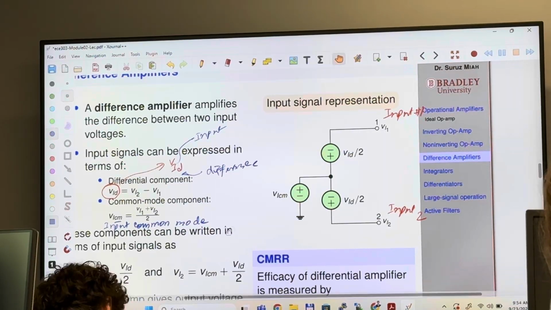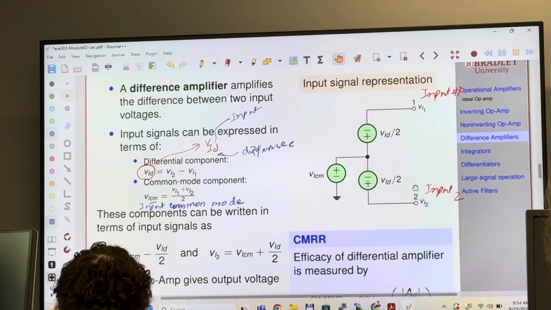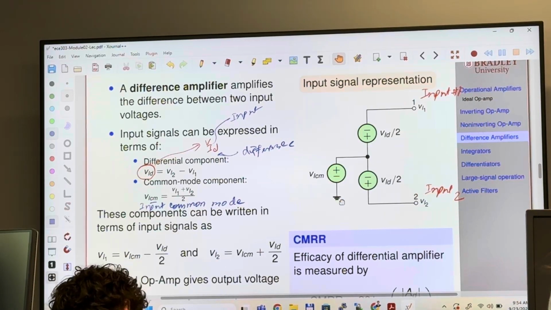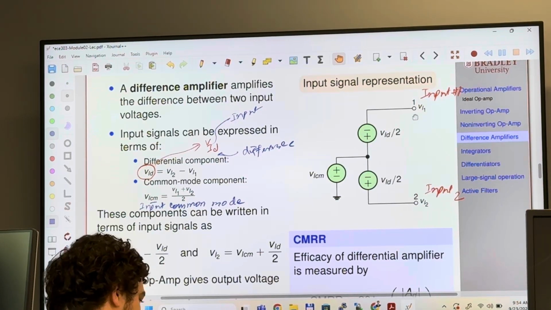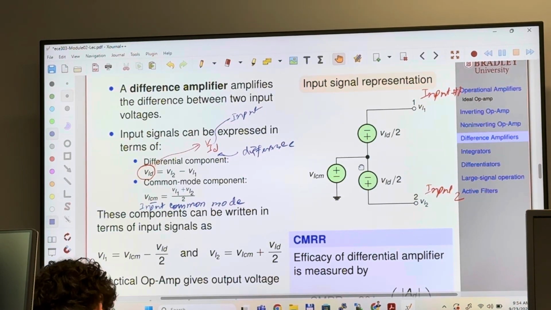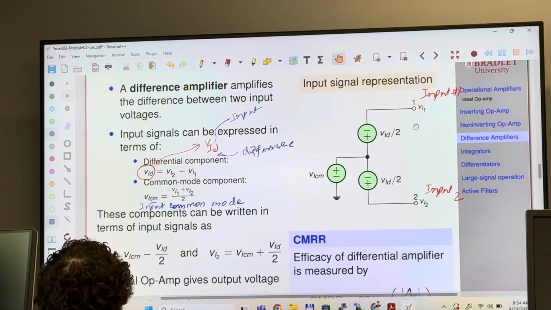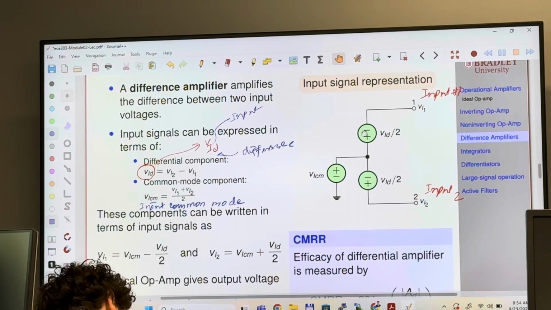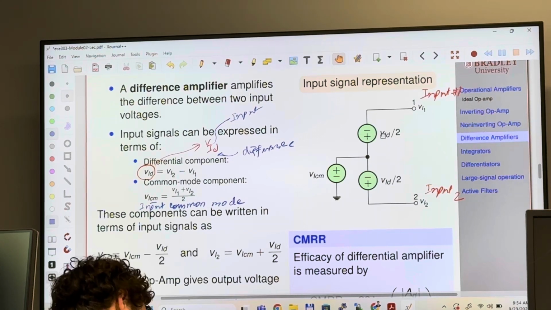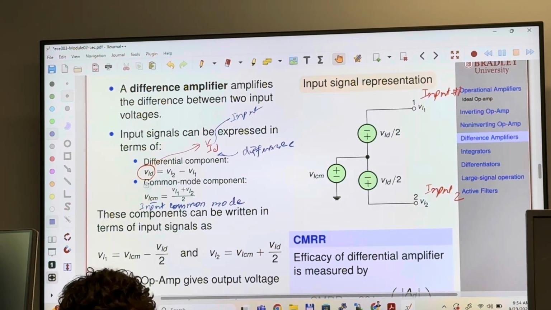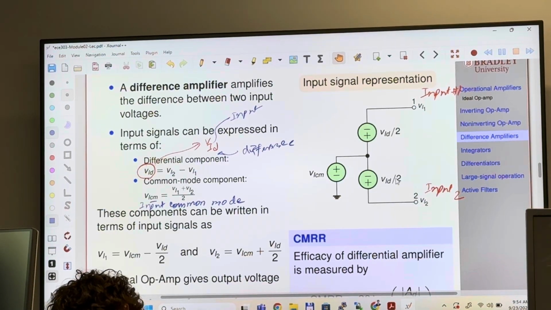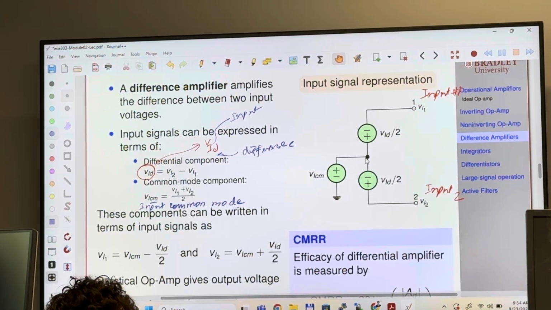And when you draw the circuit diagram, you can just think of these two inputs as one voltage source, which is the difference component divided by 2, and another voltage source like this, which is difference component divided by 2, and another voltage source here, which is the VICM, which is V input common mode.